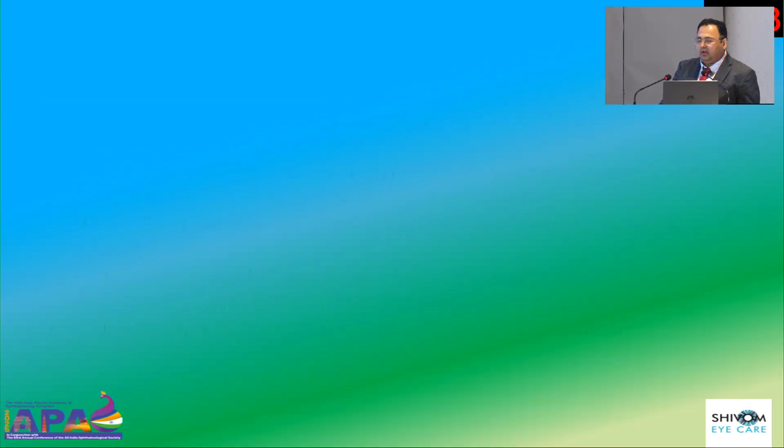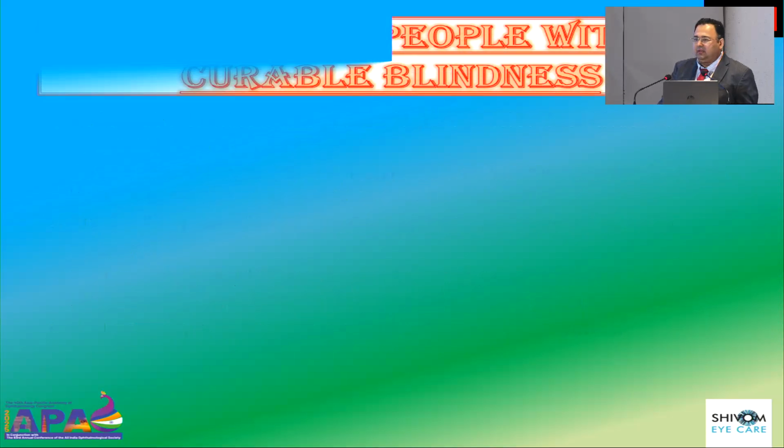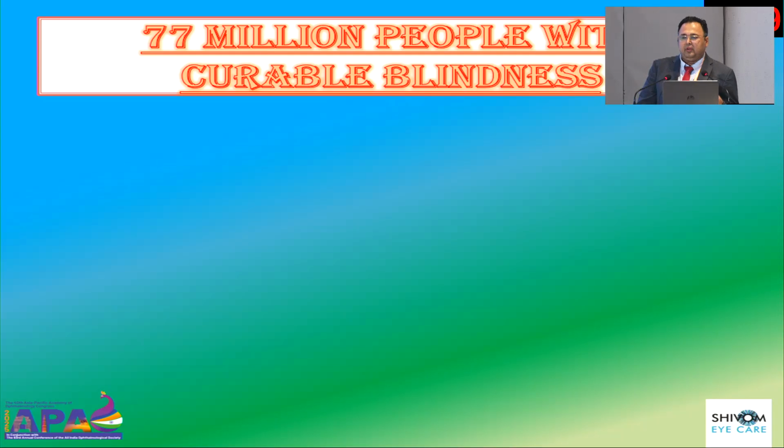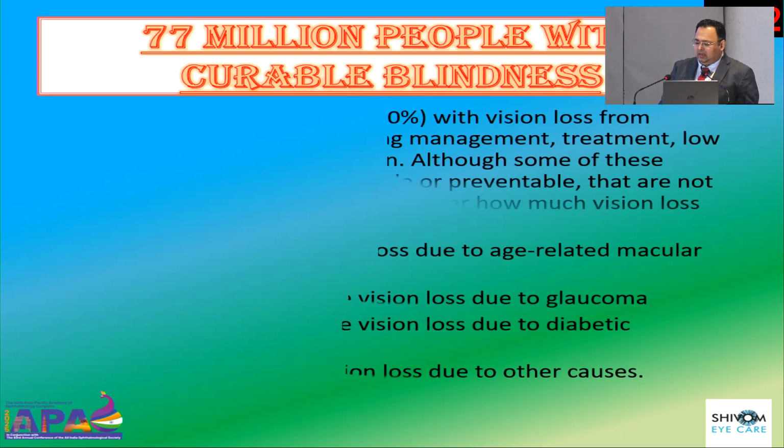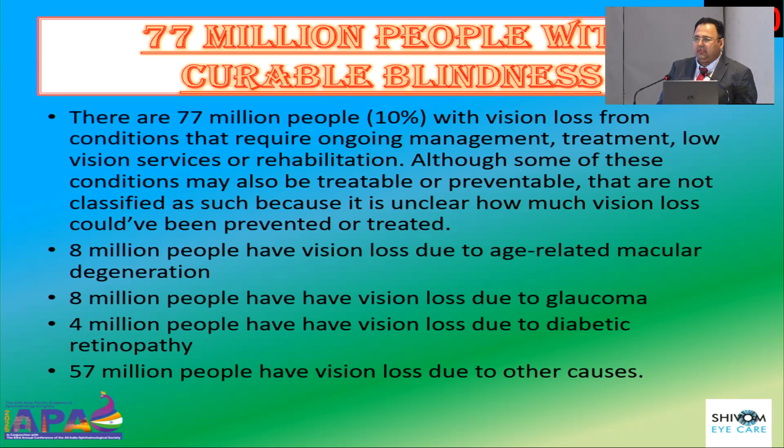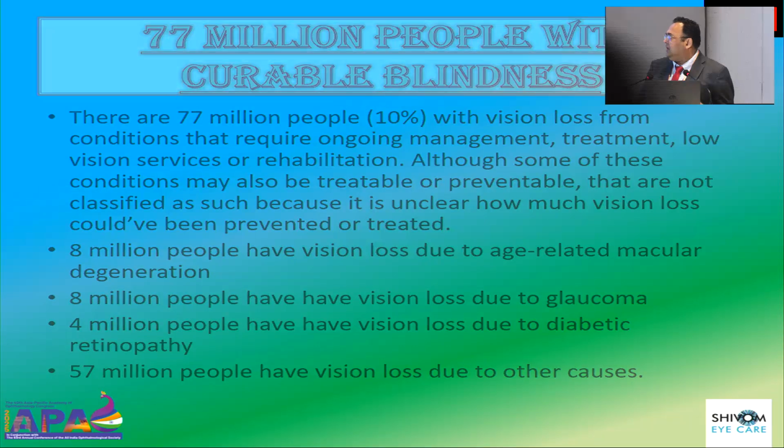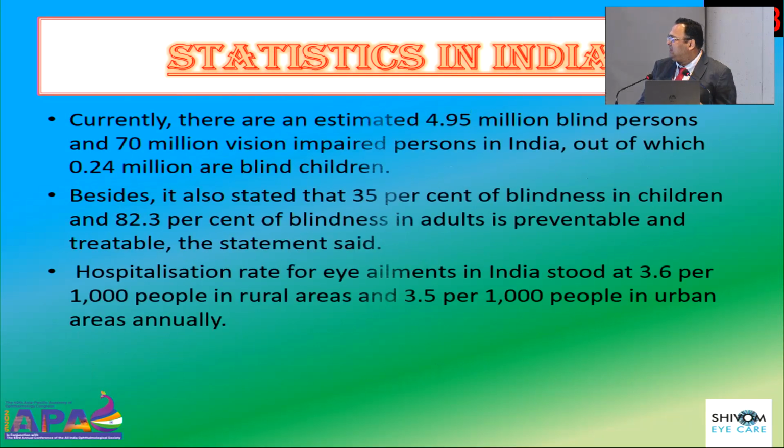With technology upgrading in ophthalmology, you now have non-mydriatic fundus photo cameras through which screening of glaucoma and diabetic patients has become much easier. The remaining 10% of vision loss, from conditions that require ongoing management, treatment and vision rehabilitation, can be very easily tackled. These are basically the statistics in India: 4.95 million people are blind, and 70 million people are visually impaired.